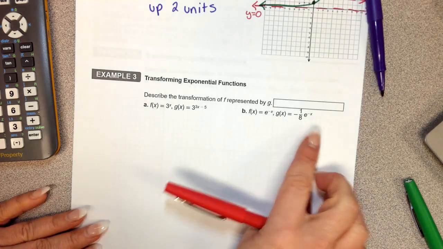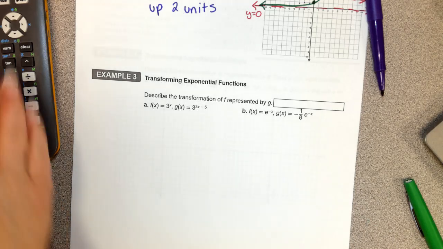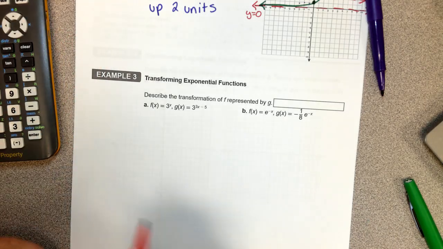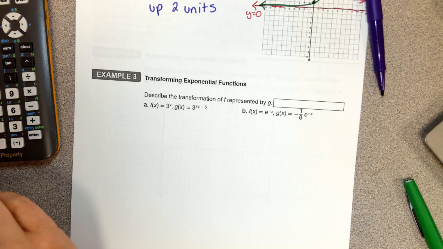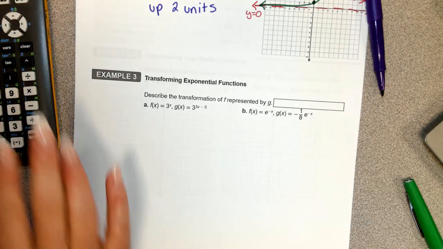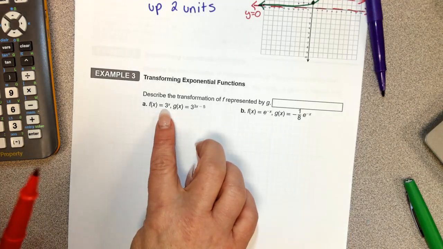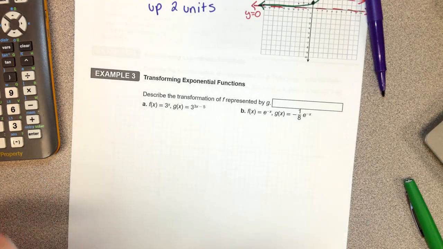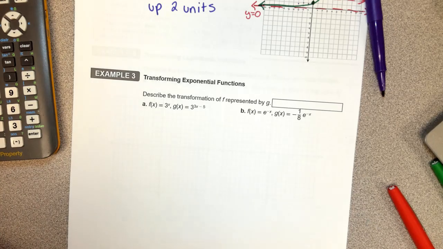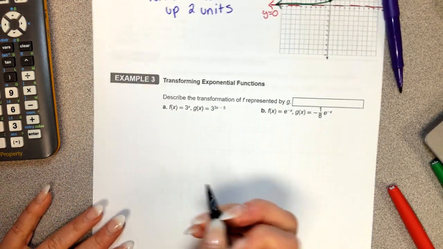Now these have some stretch and compress, so I'm going to sketch those on my calculator. I'm not going to put them dot for dot on a graph. So give me one second. There we go. And the original here is 3 to the power of x. You should have some idea what that would look like already. It's going to be growth, right?